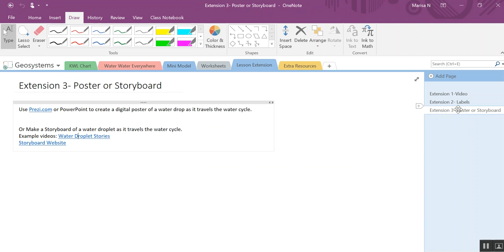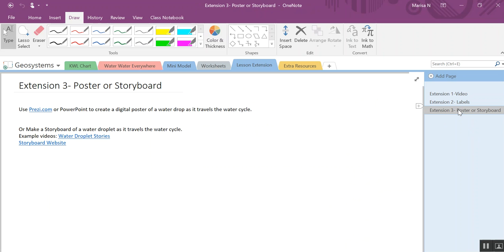A third extension idea would be to create a Prezi PowerPoint or storyboard presentation on a water drop as it travels through the water cycle. I also included a link to some examples for reference and for presentation ideas.